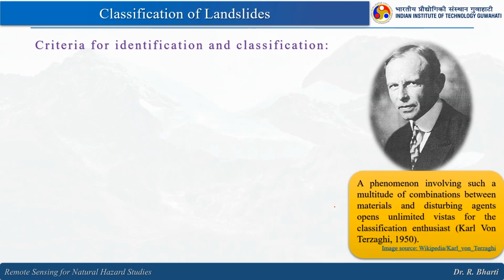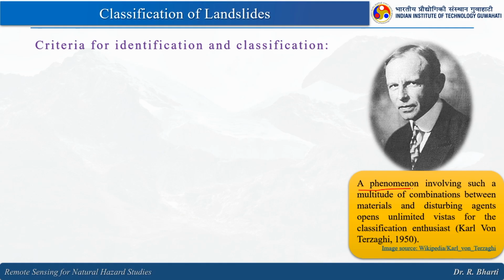So, now let us understand how we can classify the landslides. A phenomenon involving such a multitude of combinations between the material and disturbing agents opens unlimited vistas for the classification, right. So, based on that you can have many criteria to classify these landslides.